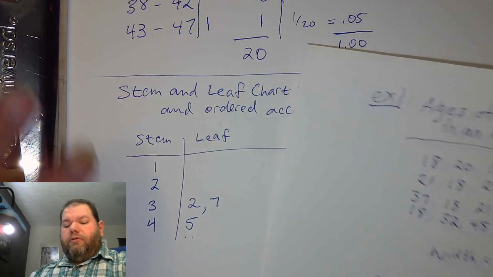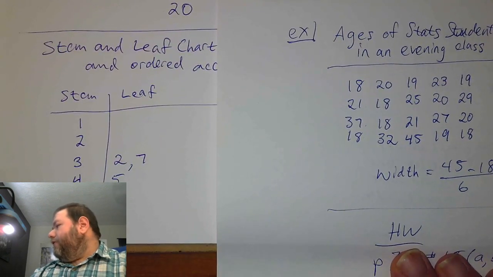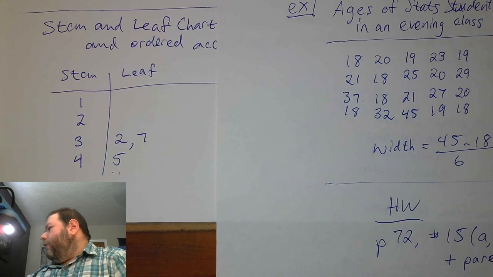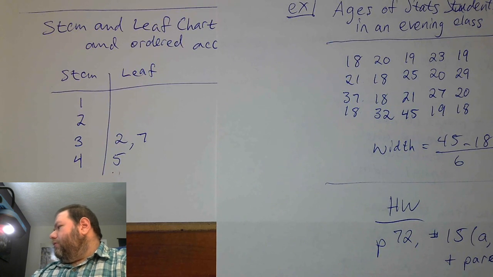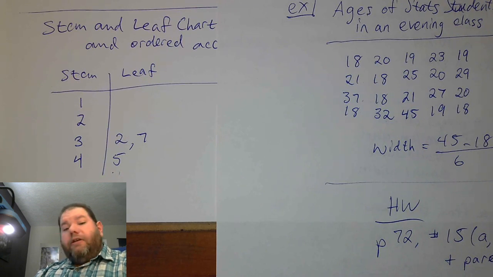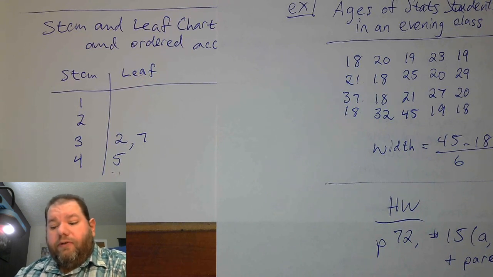Now, we have a number of people in their 20s. Let me see if I can arrange this. Overall, we have 1, 2, 3, 4, 5, 6, 7, 8, 9 people in this data set that are in their 20s. Which one would be first?